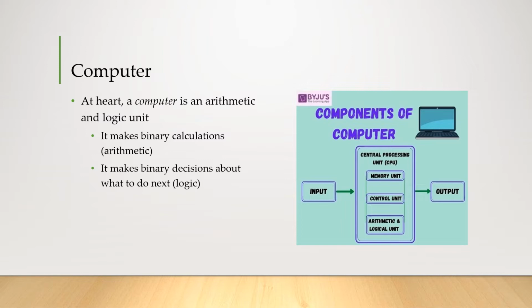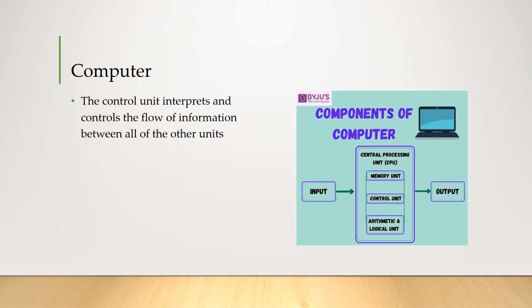So you can see at the bottom of this diagram on the right, the arithmetic and logic unit is sort of the core lowest unit there of the CPU, central processing unit. There's a control unit that's a level up from the ALU that interprets and controls the flow of information between all the other units.